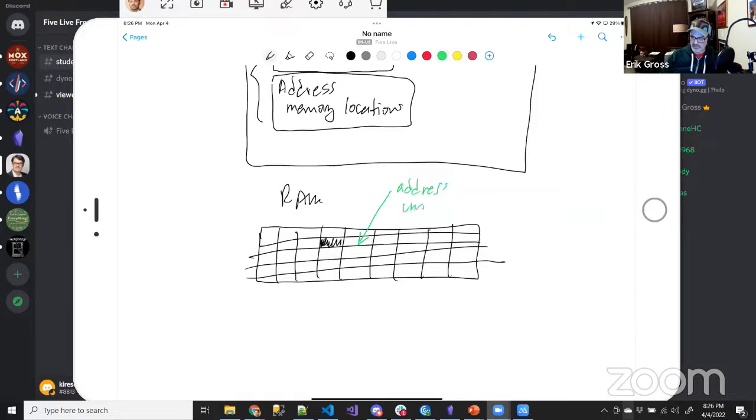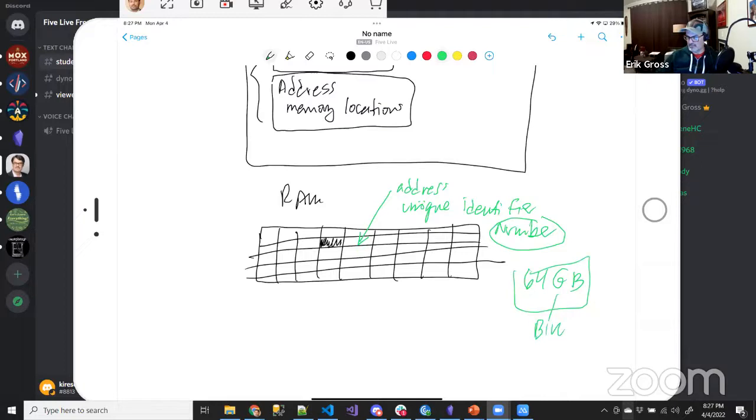It is a unique identifier. And it's just a number. All the memory you can install. Some people have machines with a tremendous amount of memory, like 64 gigabytes of memory. Giga meaning a billion, and byte, as you now know, meaning 8 bits. That's a tremendous number of memory locations, and every single one has a unique number that identifies it. They call those addresses. Any questions about that?